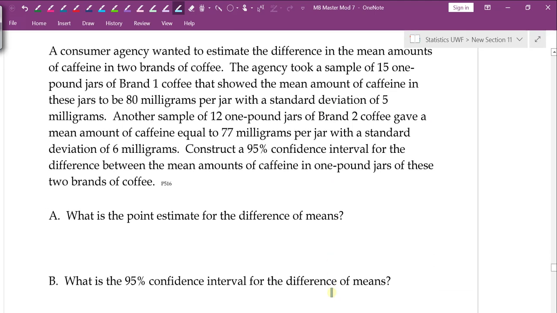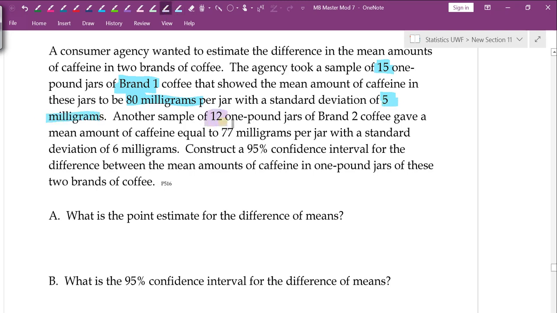A consumer agency wanted to estimate the difference of the mean amounts of caffeine in 2 brands of coffee. The agency took a sample of 15 1-pound jars for brand 1, and it showed that the mean amount of caffeine in those jars was 80 milligrams with a standard deviation of 5 milligrams.